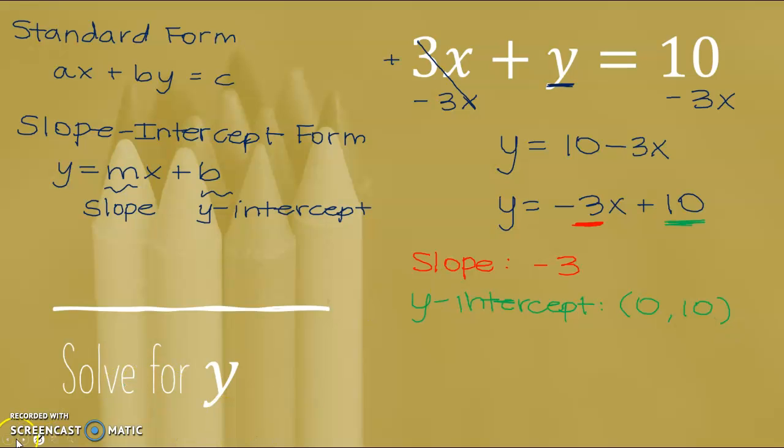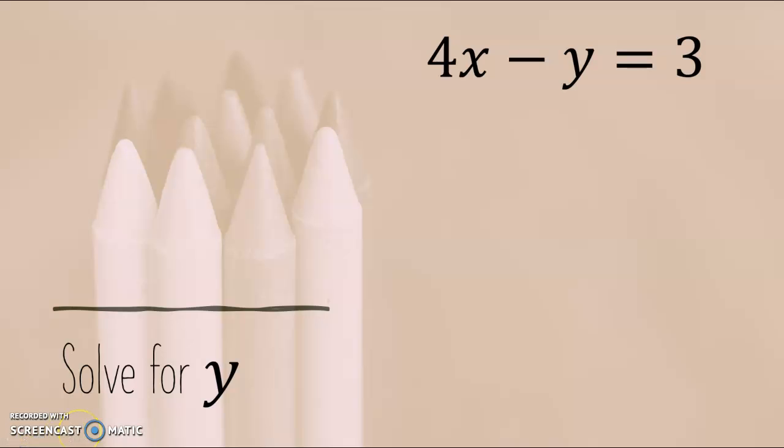All right, let's look at an example that's a little bit harder. So here again, we're trying to solve for y, and our equation is in standard form, right? Ax plus by equals c. And in trying to get y by itself, we need to get rid of the 4x.